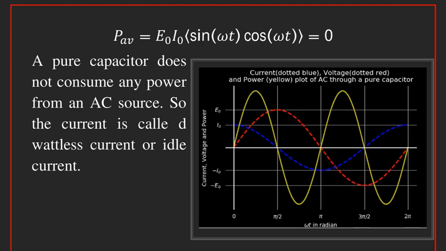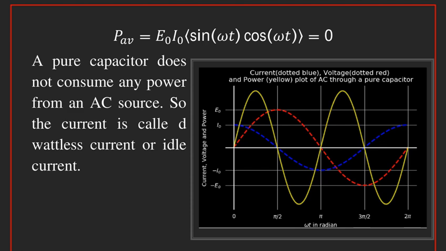This type of current, in which the average power consumed is 0, is called wattless current or idle current. So the current passing through a capacitor is a wattless current, or the current which is leading the voltage by a phase of pi by 2 is wattless current. From this picture we can see the voltage, current and power in a pure capacitor.